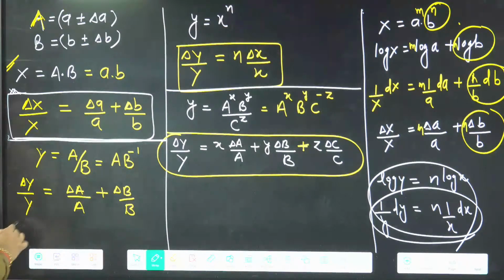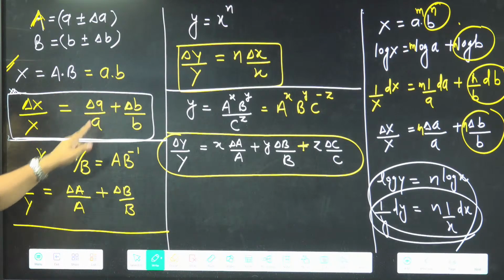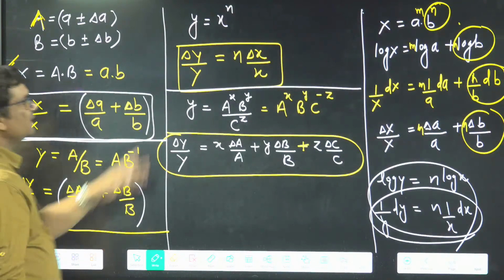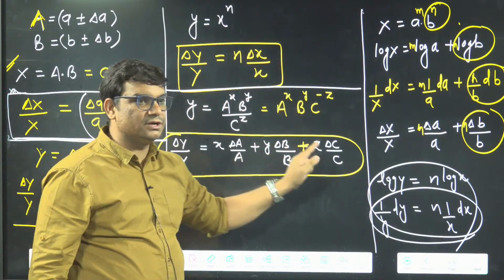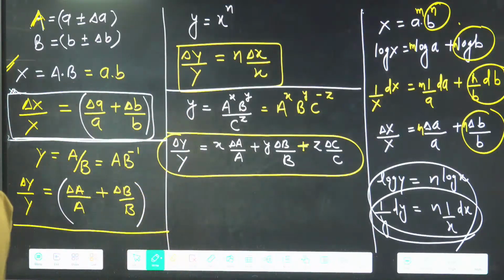Clear? So we got these four cases: multiplication we have to do like this, division also like this. Power also we have seen here, and if some more powers are given, then also we can do like this. If anywhere any doubt is there, then tell.